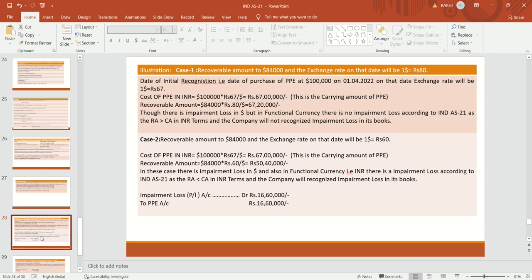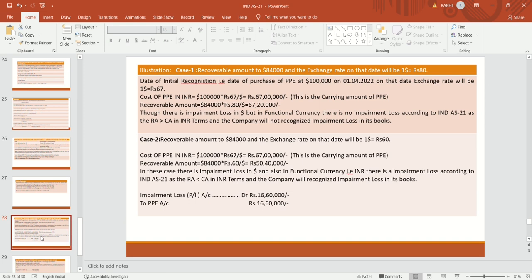Let us check in functional currency, it also decreases, because from 67 lakhs it becomes 50 lakhs 40,000. So the recoverable amount is less than the carrying amount. So there is an impairment loss both in terms of dollar and also in functional currency, that is in INR.